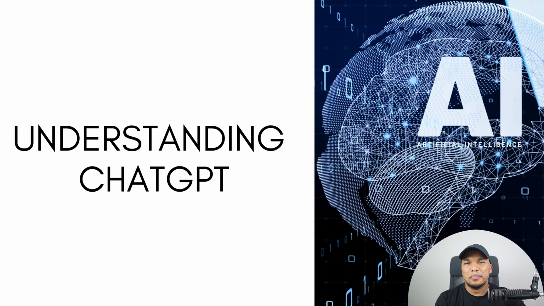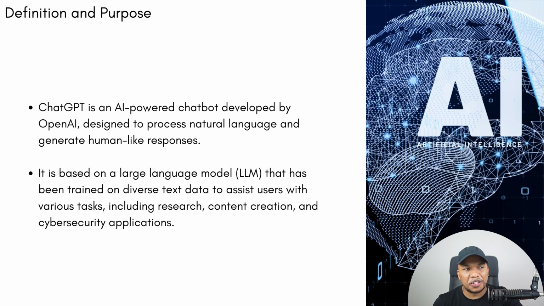All right, so let's begin by talking a little bit about ChatGPT and try to understand the history and how ChatGPT actually works. So what exactly is ChatGPT? Well, it is an AI-powered chatbot developed by OpenAI, the company, and is designed to process natural language and generate human-like responses.